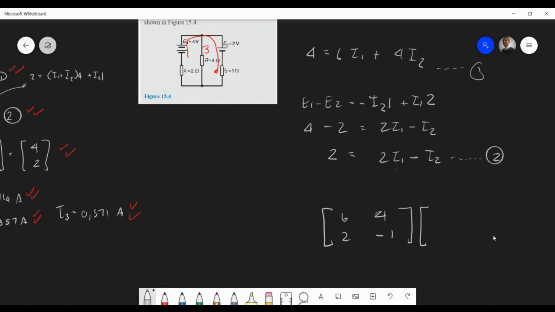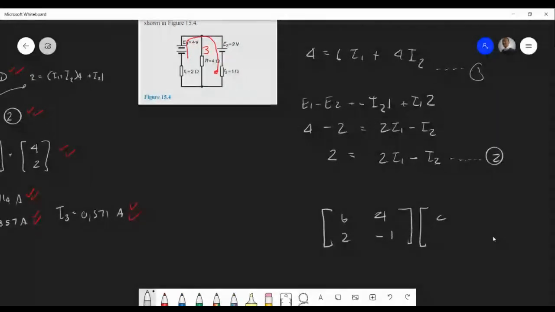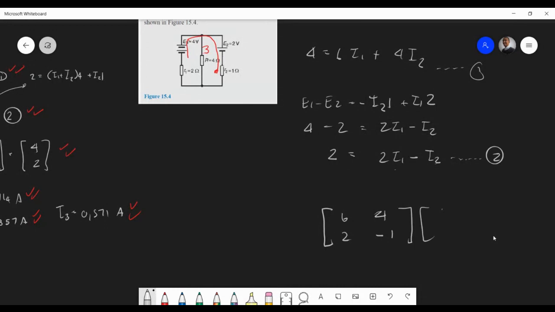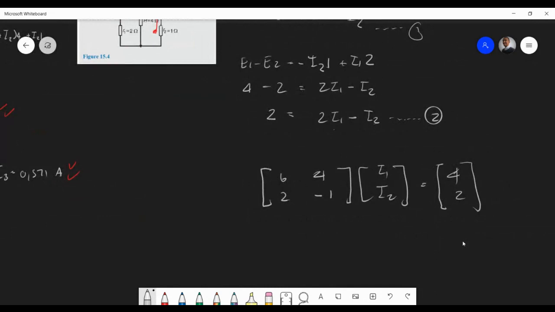This must be I1 and I2, equal to your voltages. The voltage for the first equation is 4, and the second one is 2. My bad. If you do this matrix, what is I1 and I2?